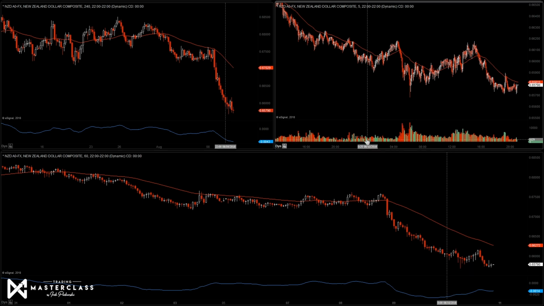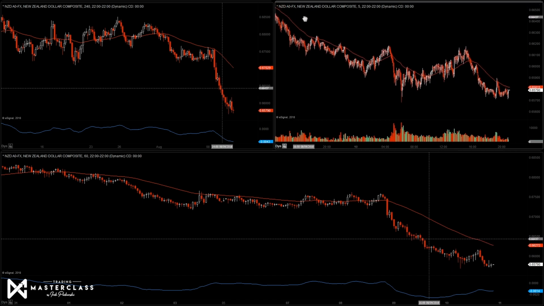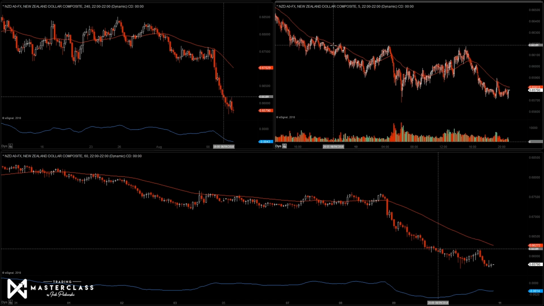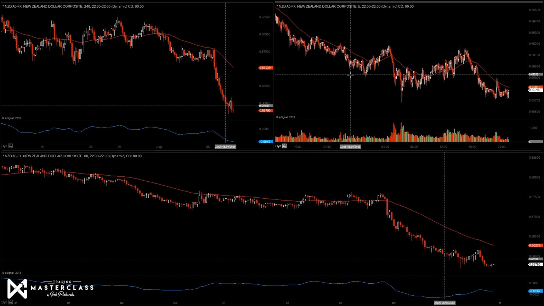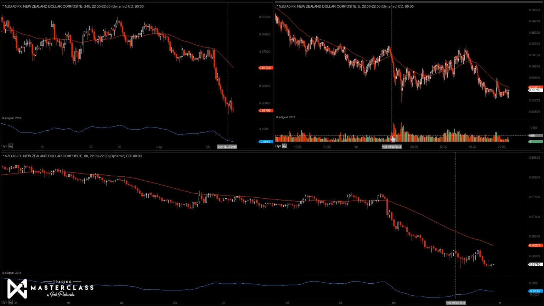So there's gonna be times when the volume is low. And let me explain that in a second. If you're trading a pair such as the Kiwi, okay, so New Zealand dollar, this is a New Zealand dollar pair. So if you're trading a pair like this, the volume for this pair will most often spike at the beginning of the Asian session, okay? During the New York session, during the European session, it might be a little bit slower.